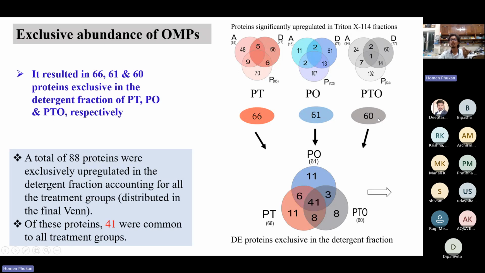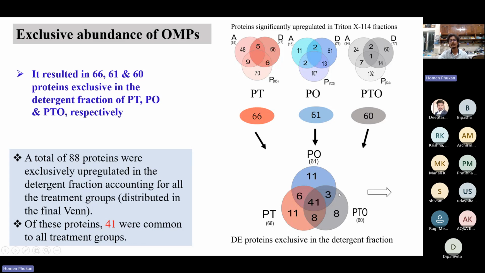Then we tried to figure out whether all these proteins are commonly present in any other treatments, like physiological osmolarity, temperature, or synergistic conditions. Then we were able to find a total of 88 proteins exclusively upregulated in all treatment groups.